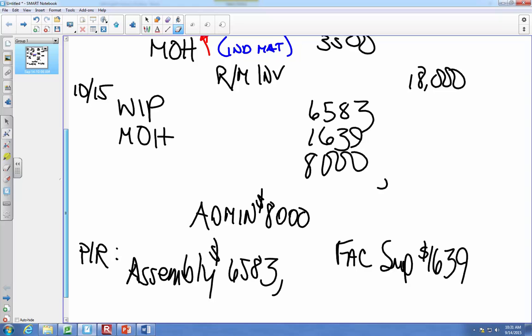What do I do with this? Is there anything different from what we've always done with administrative expenses? Is it a period or product cost? Period. Just goes straight to my P&L.